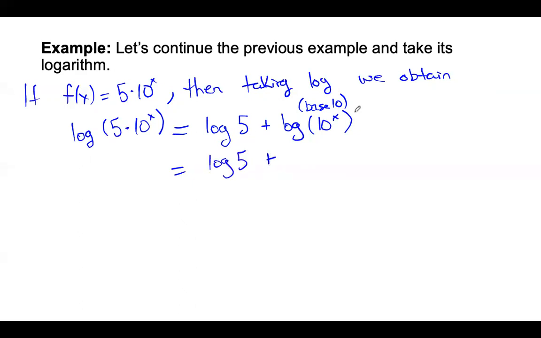Now we know what to do. Log 5 plus, we can bring down this x in front, times log 10. But what is this log 10? We assume it's base 10. What does this equal? 10 to some exponent is equal to 10, so this is equal to 1.